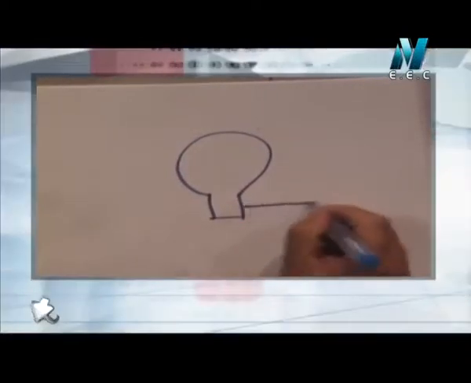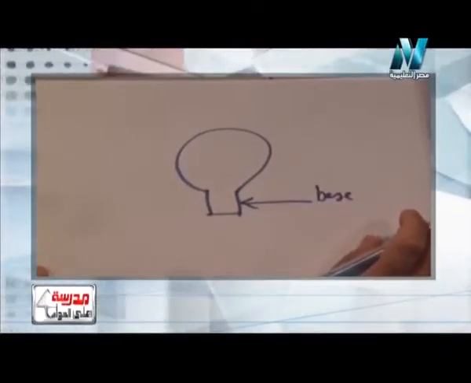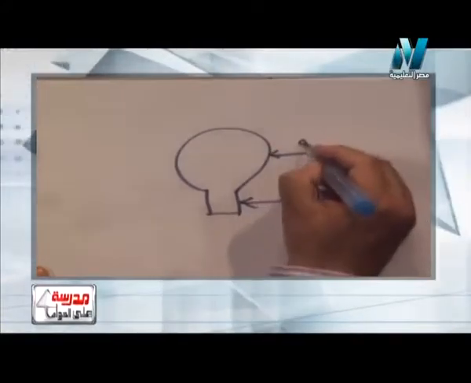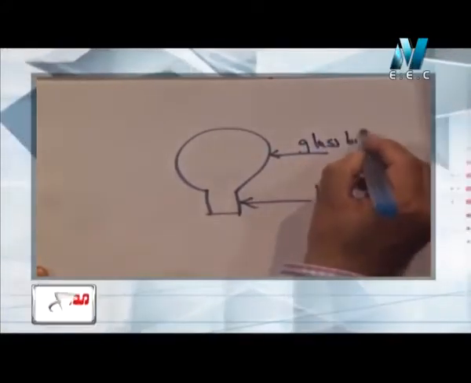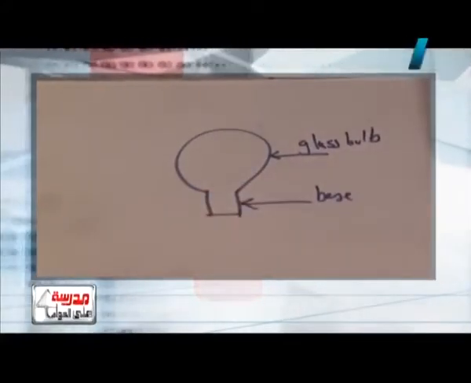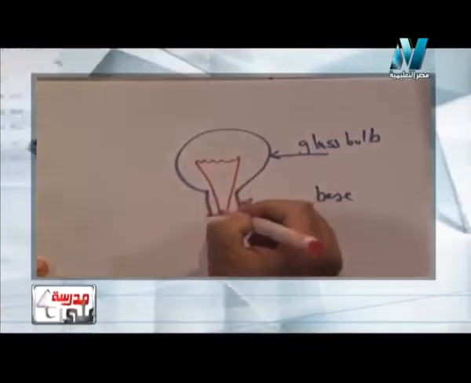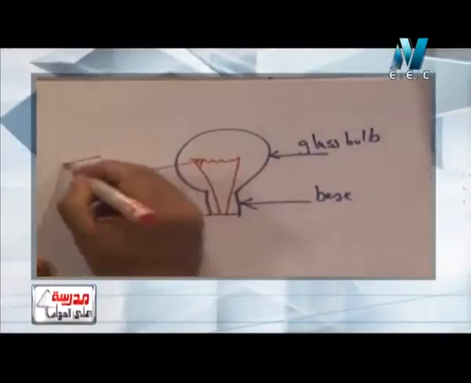Okay, here I have the base of the electric lamp, the first part of the electric lamp. Here I have the glass bulb, and here is the tungsten filament, which is a coiled thin wire made of tungsten.